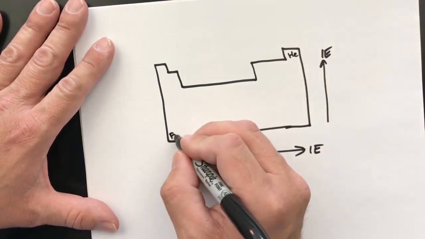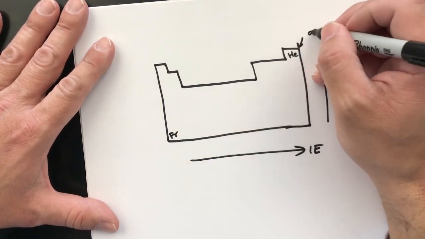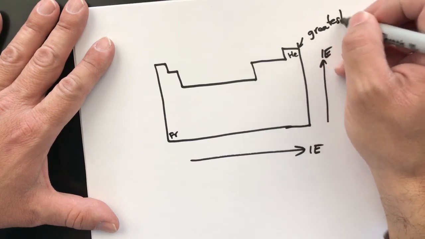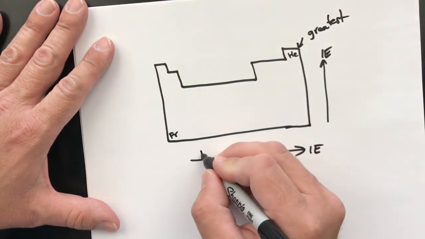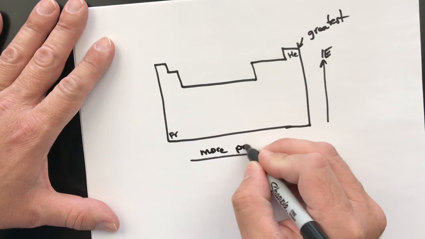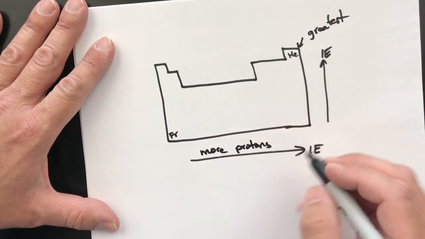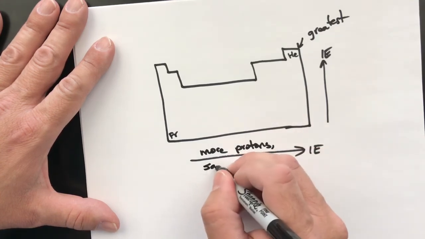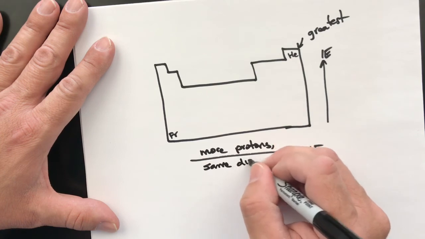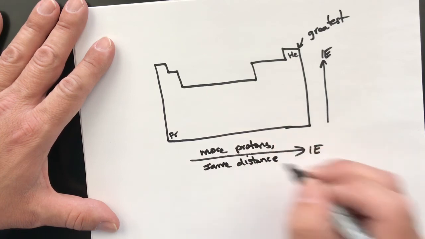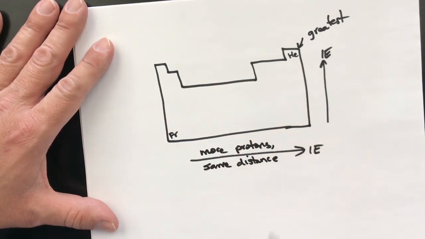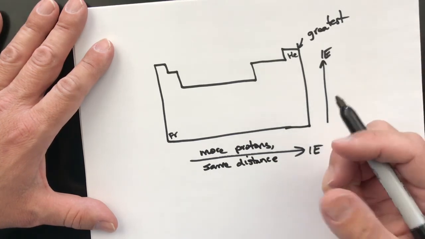It is least for francium. All right, we know that going to the right, we have more protons within a row. We have more protons, and we have about the same distance between the nucleus and the electrons, and therefore the ionization energy increases because more protons means a greater charge on the nucleus.